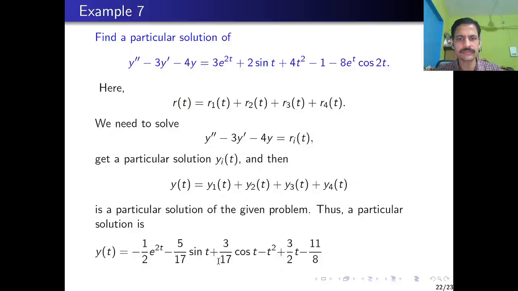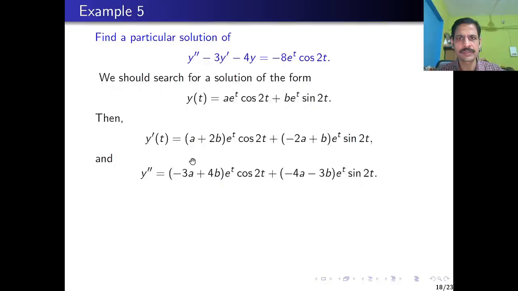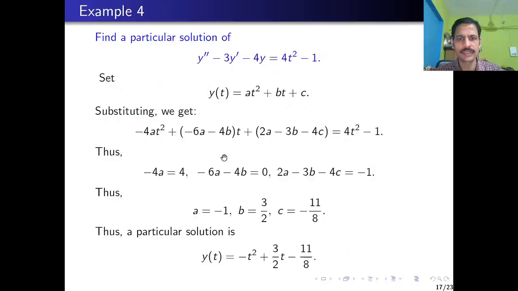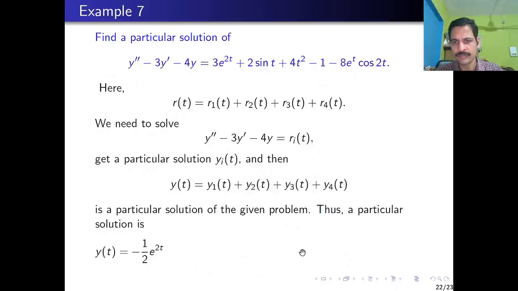Here, the term 4t square minus 1 appeared, and we take this solution minus t square plus 3 by 2t minus 11 by 8, and we write it here.